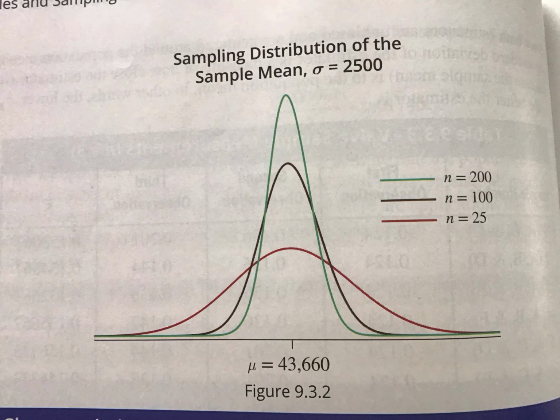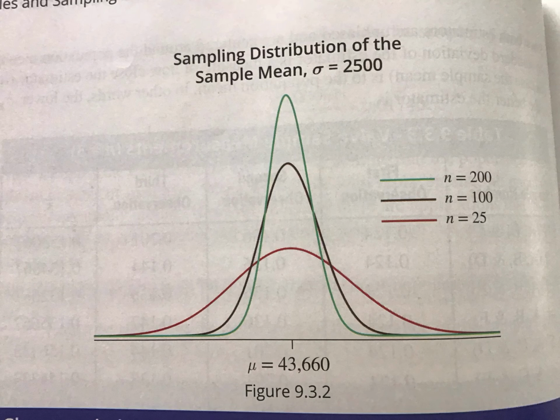The larger my sample is, the more of my sample means lie very, very close to that mean, okay? And the smaller my sample size, the more and more of my sample means land further away, hence a flattened curve.